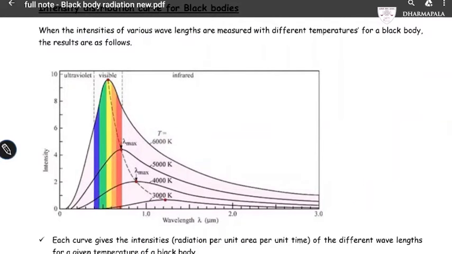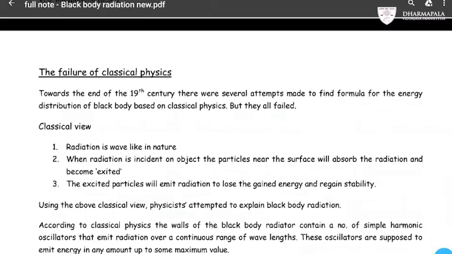Then scientists tried to develop an equation to match the curves or the practical data which has been used to plot these curves. But they all failed because they all tried to develop the equation based on classical physics theories.